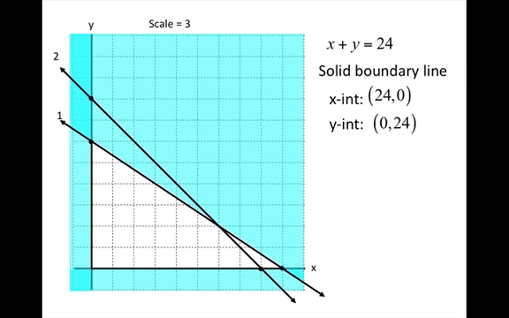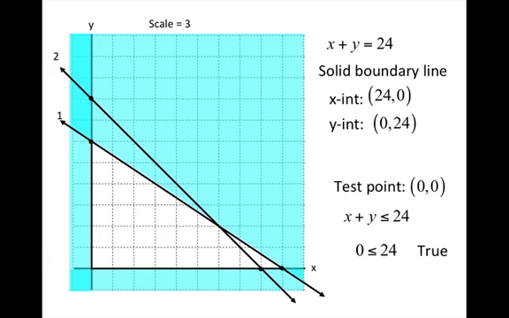Since this line does not go through 0, 0, I can test 0, 0. My original inequality was x plus y is less than or equal to 24. So plugging in 0, 0 gives me 0 is less than or equal to 24, and that's true. Since 0, 0 is true, I do not shade the side with 0, 0.